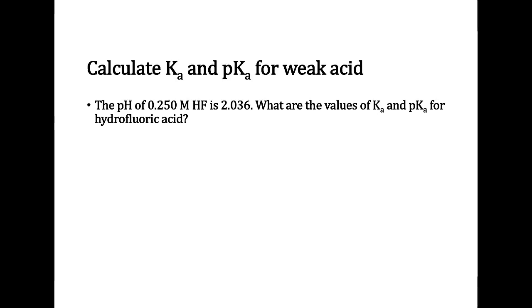Here, this problem is looking at the pH of a 0.25 molar hydrofluoric acid solution, which is 2.036. We want to find the values of Ka and pKa for the hydrofluoric acid. The first thing you want to do is start by writing a balanced chemical equation.